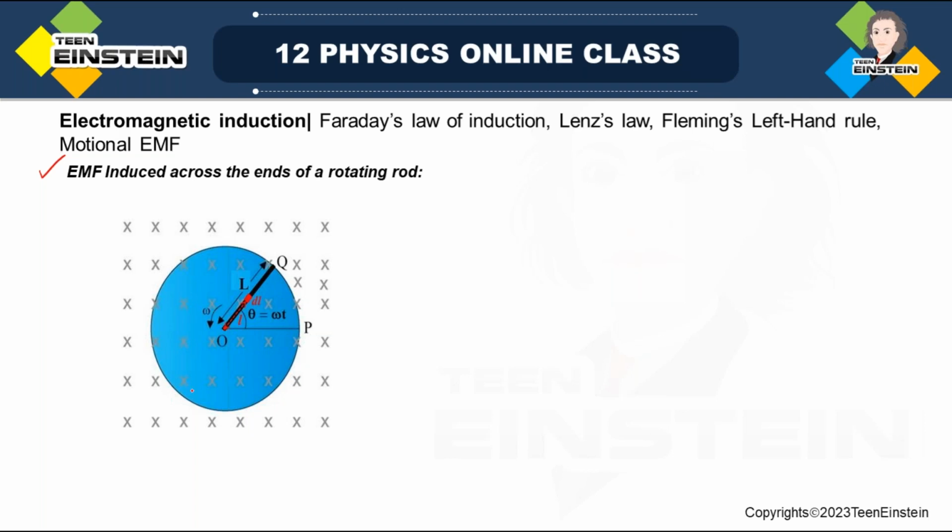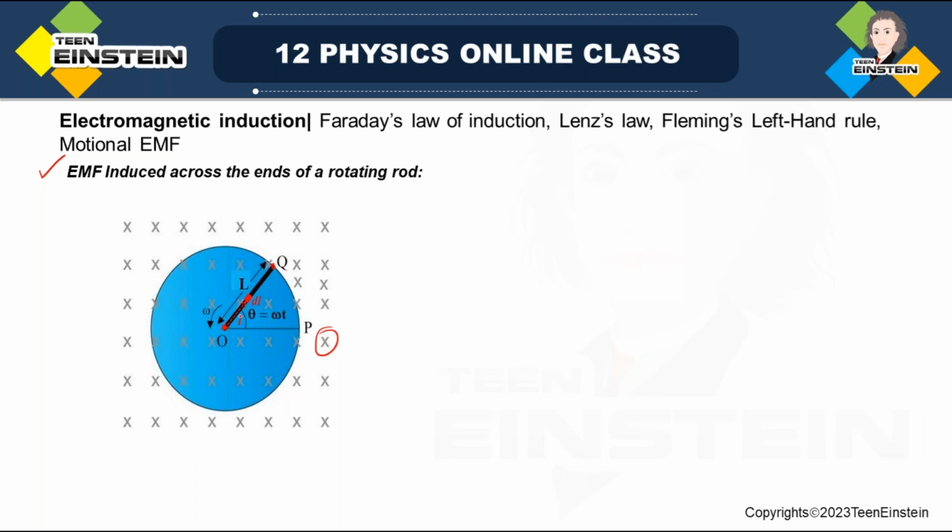And this whole rod is rotating in a uniform magnetic field, directed into the plane of the paper, as you see by this cross. Now how to find out the induced EMF across the ends of this rod.